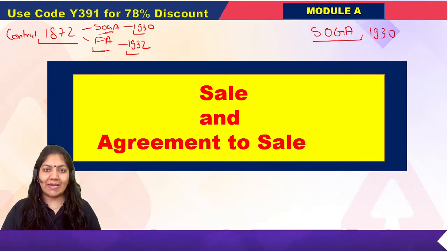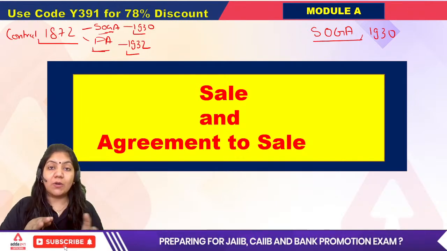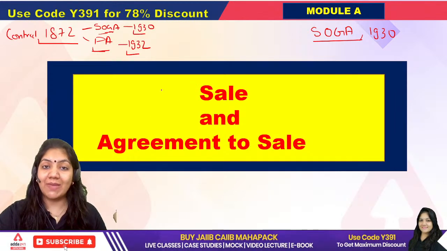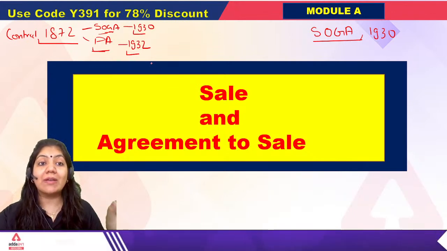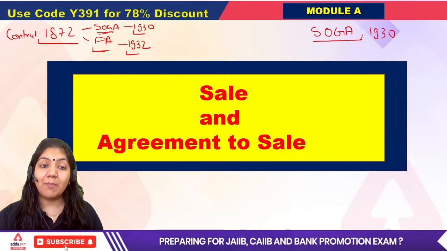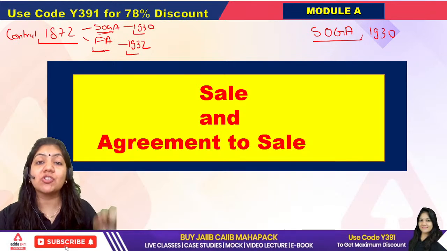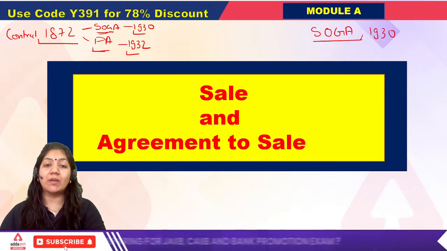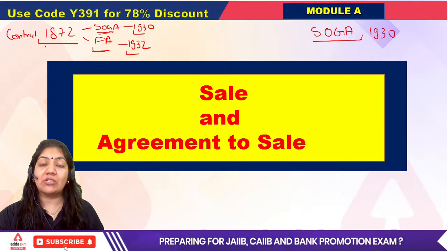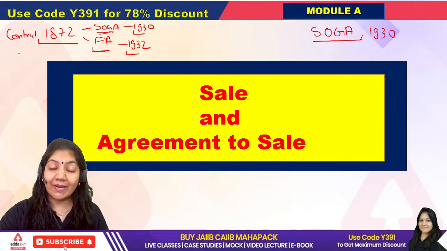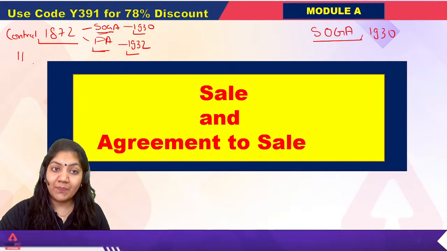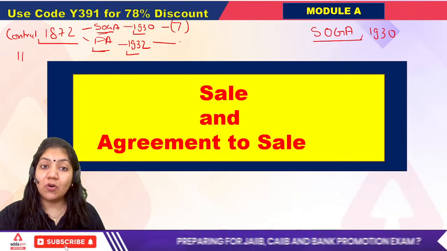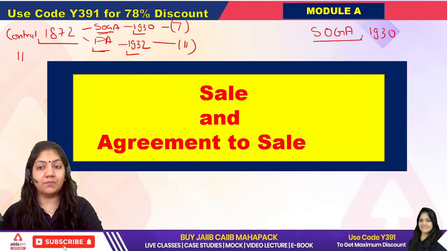So the court thought: why should we not remove these portions and make different acts, so that for cases related to movable goods the judge only has to see the Sale of Goods Act, and for partnership the judge only has to see the Partnership Act. That's why they were removed from the Contract Act of 1872. The Contract Act has 11 chapters in total. SOGA was contained in the 7th chapter and the Partnership Act in the 11th chapter.